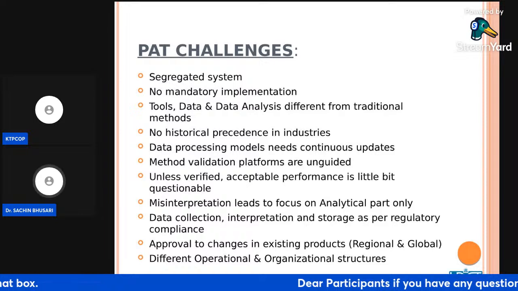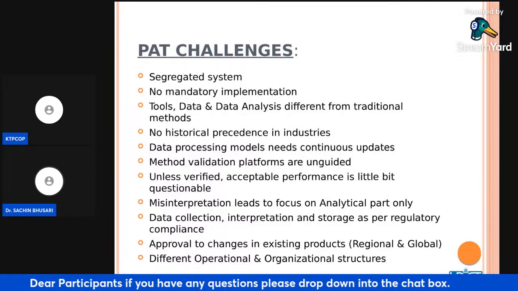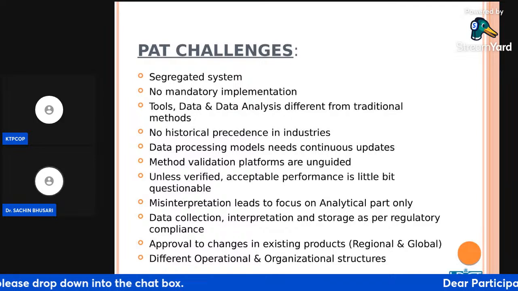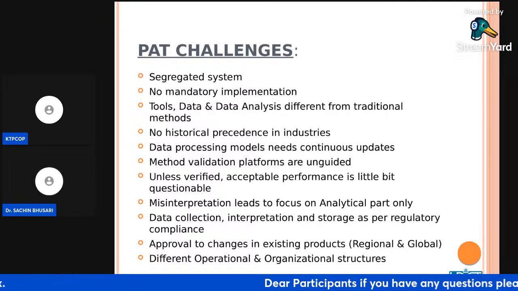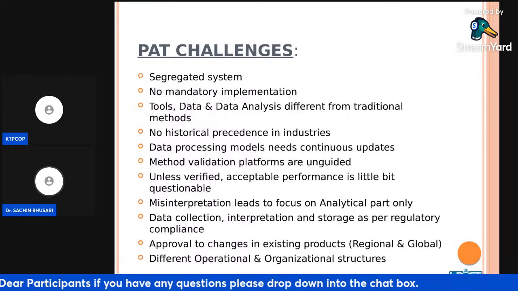Before applying, just consider that you have an industry and you are trying to apply PAT. So if you are trying to implement the PAT framework, we don't do that blindly. What we do is we do our homework. Am I right? So in this homework, what to do? Just try to understand the challenges. PAT is an entirely segregated system.